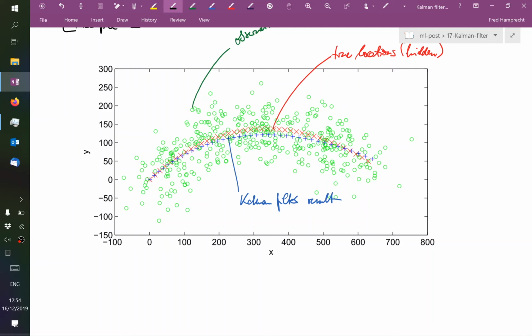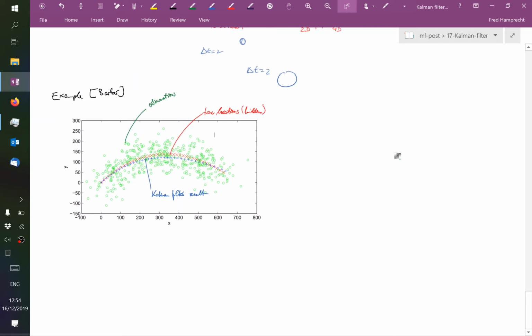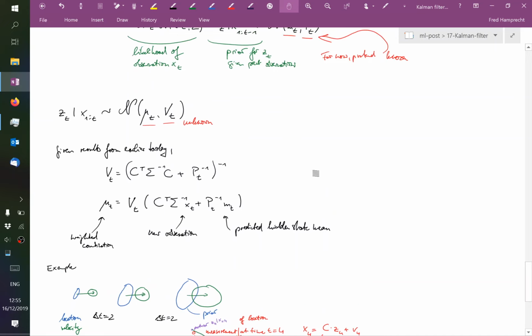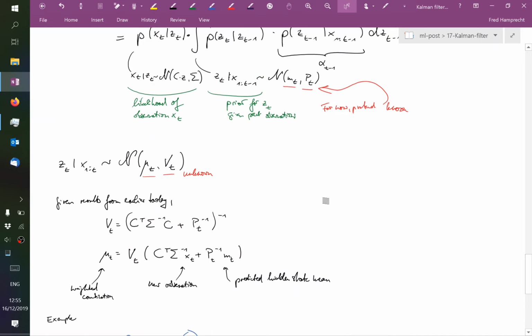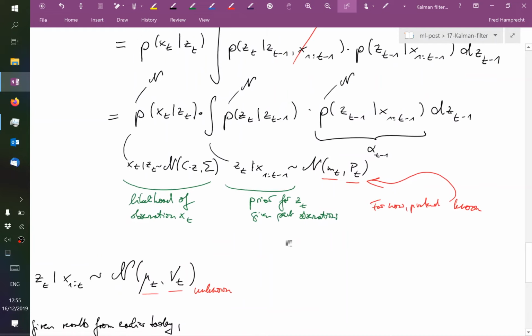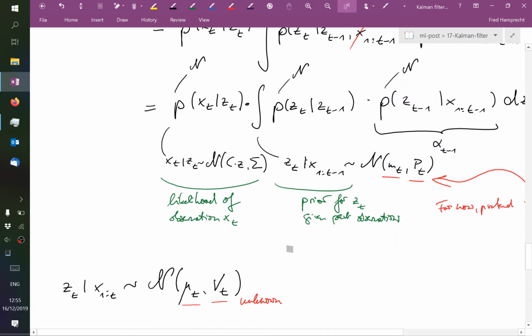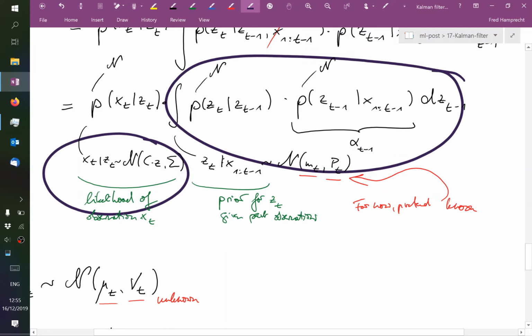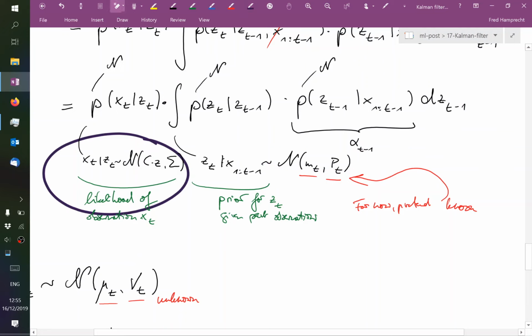All right, we have a few minutes left, and we need them because we knew what to do once we have this normal distribution and once we have the normal distribution after marginalizing out this variable.